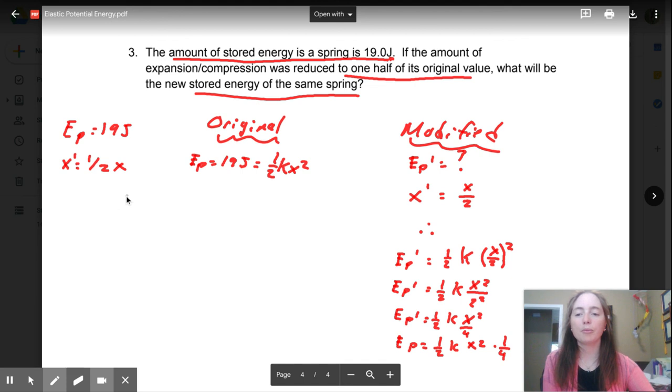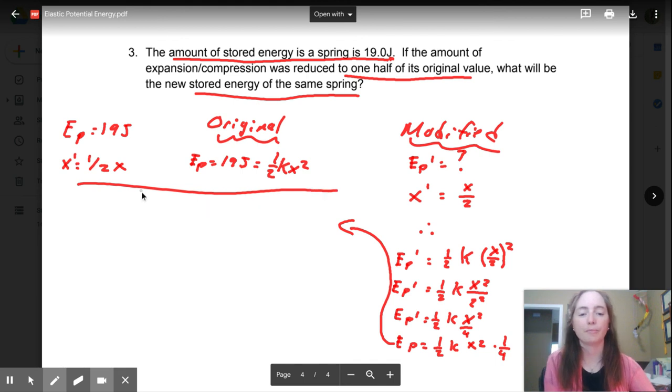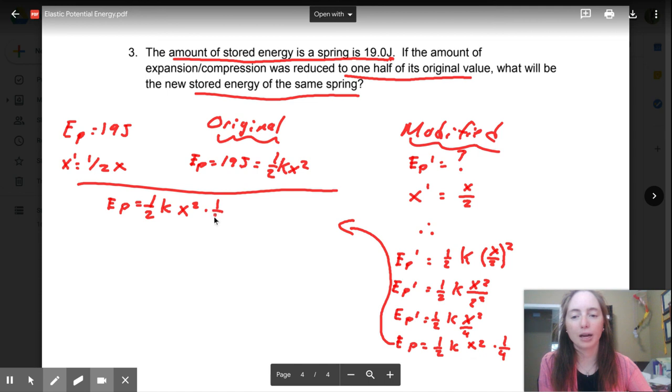Okay, I'm going to move this up here. Draw a line there. So my EP prime is equal to 1/2 kx squared multiplied by 1/4. Well, look what we have now, ladies and gentlemen.